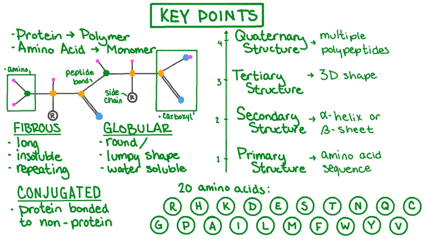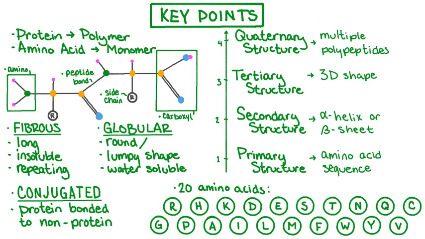The amino and carboxyl groups between 2 amino acids can join by condensation reaction to form a peptide bond. There are 20 different standard amino acids that are characterized by the structure and composition of their side chain, or R group. Proteins can be classified as fibrous, globular, or conjugated based on their overall structure.